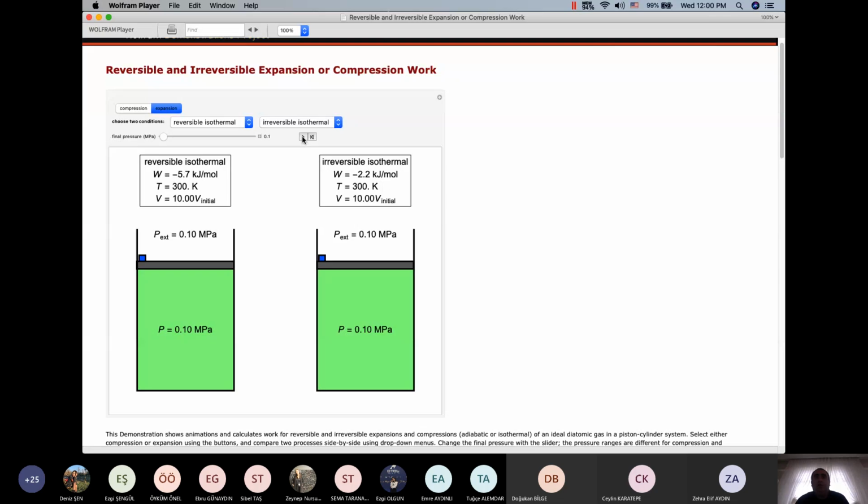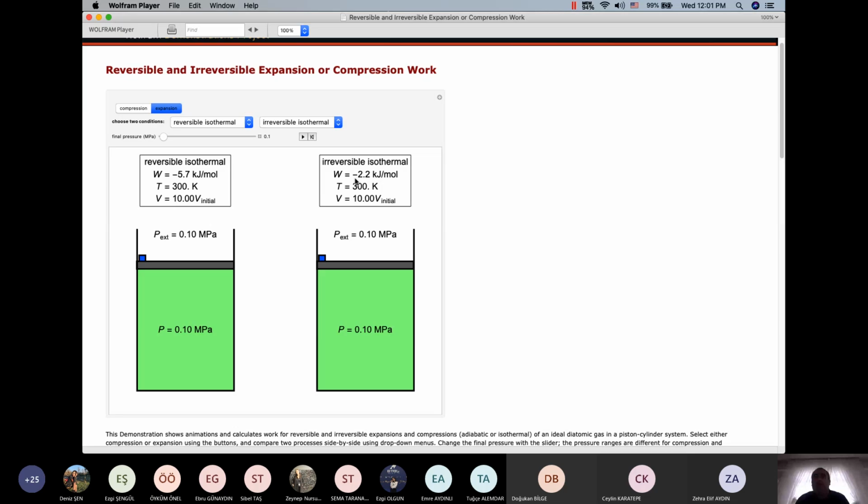Okay, so both systems ended up at the same point, right? But you can look, the reversible process has much more energy or work created or lost than the irreversible process.